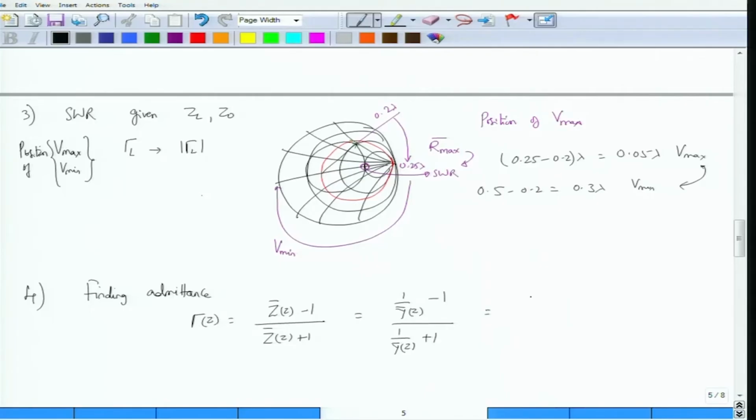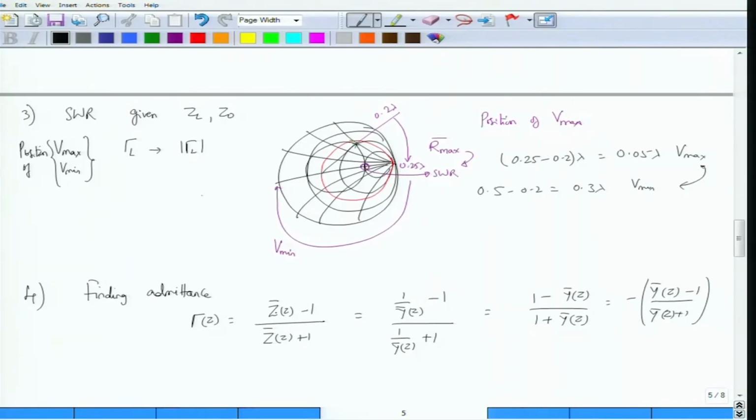This can be written as 1 minus y bar z divided by 1 plus y bar z, which can also be written as minus of y bar z minus 1 by y bar z plus 1. So what it means is that the reflection coefficient changes its sign by 180 degrees if you go 180 degrees away.